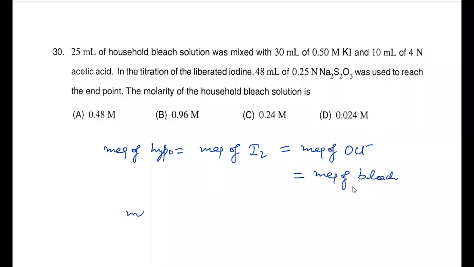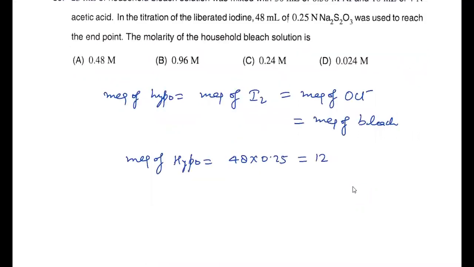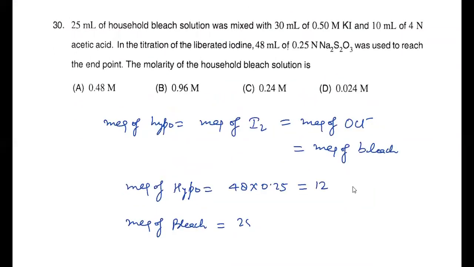So milliequivalents of hypo, if I calculate, is 48 into 0.25, which is 12. And milliequivalents of bleach, if I calculate, is 25 ml, molarity let's say M1, and the N factor will be 2.